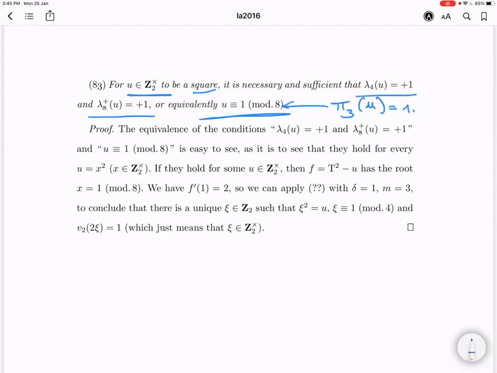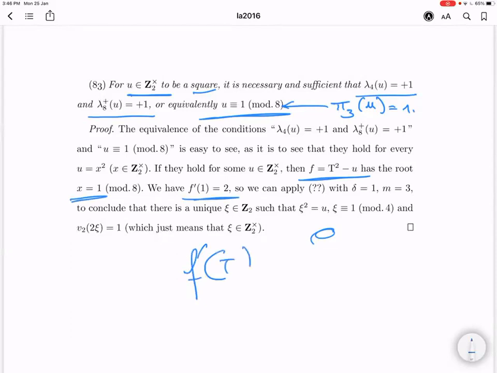And this is, of course, also proved using Hensel's lemma, just as you look at this polynomial f equal to t squared minus u. In order to apply Hensel's lemma, you have to start with an approximate root, right? So you just start with x equal to 1, for example. Then f prime of 1 is going to be 2.